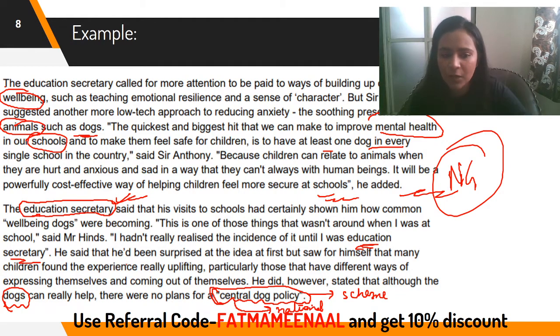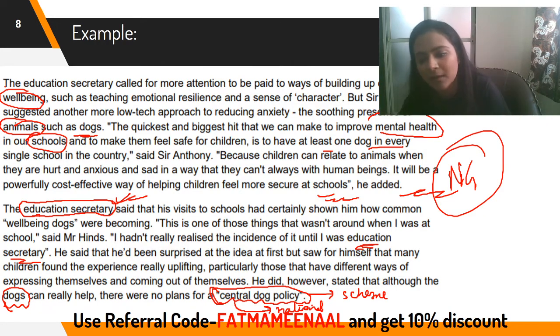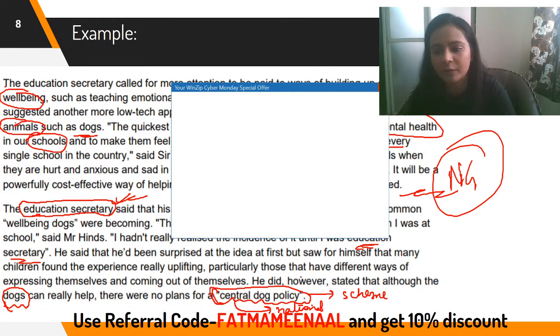If it's actually that the government minister or the education secretary is planning to introduce a national scheme or not. Yeah, so I'm gonna read my last line because I've got most of my keywords here. And if I don't find it in my last line, then I'm gonna go further and start reading there.